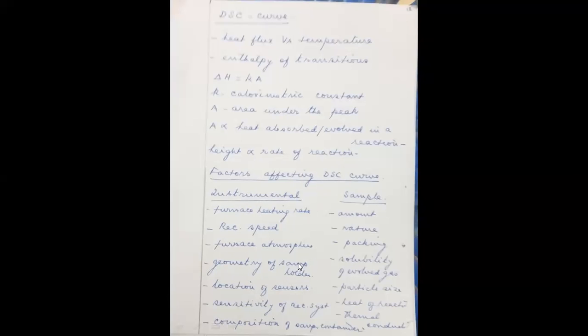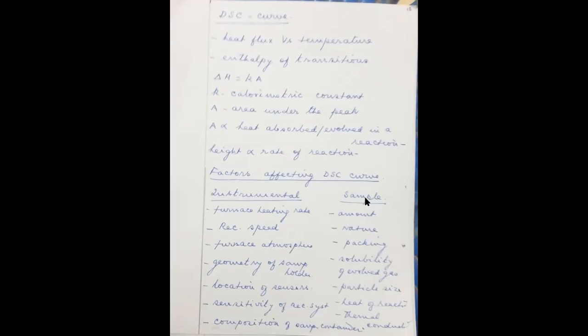Suppose you have a cylindrical sample holder or a spherical sample holder, the geometry will change, and accordingly surface area will change. And then location of the sensor, whether the sensor is close to the sample holder or away from it, and the sensitivity of the recording system, and also the composition of the sample container, the material in which the sample container is made, that also plays an important role.